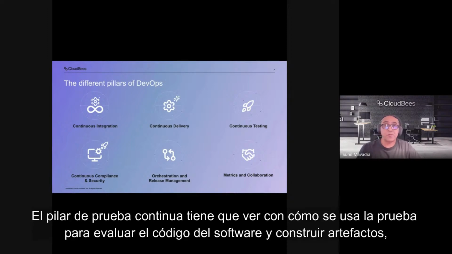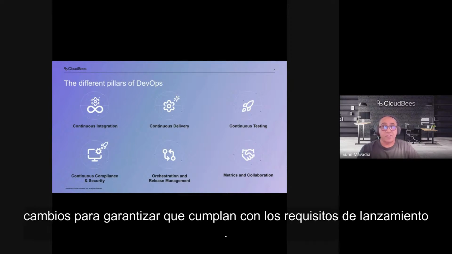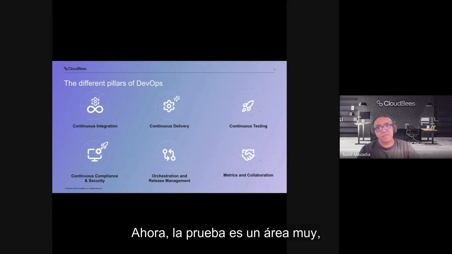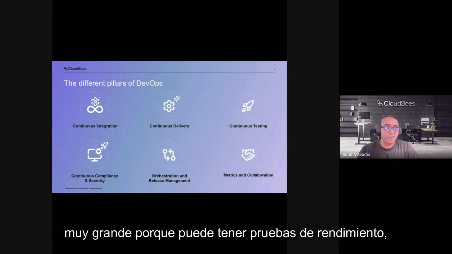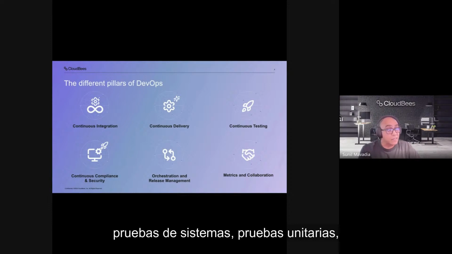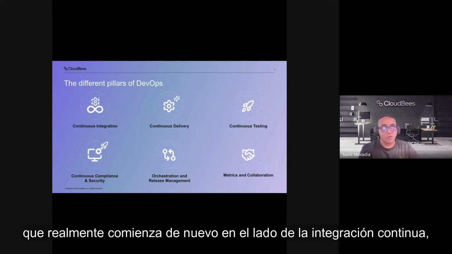The continuous test pillar has to do with how tests are used to assess software code and build artifacts changes to ensure that they meet the requirements for release. Now, testing is a very, very large area. So you might have performance testing, systems testing, unit testing, which really starts over on the continuous integration side, right?